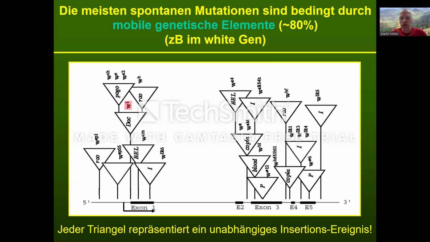There are many more actually, which can insert in a gene. They move around the genome and mutate genes. About 80% of the spontaneous mutations are due to such mobile genetic elements, the transposons. Through the study of these mobile genetic elements, we became capable of producing transgenic flies, but that will be discussed in the second lecture.